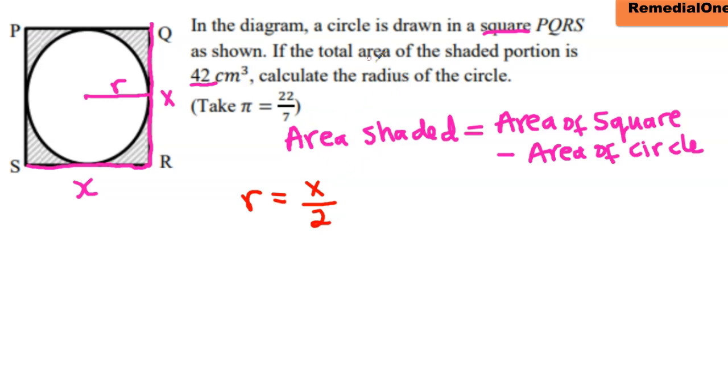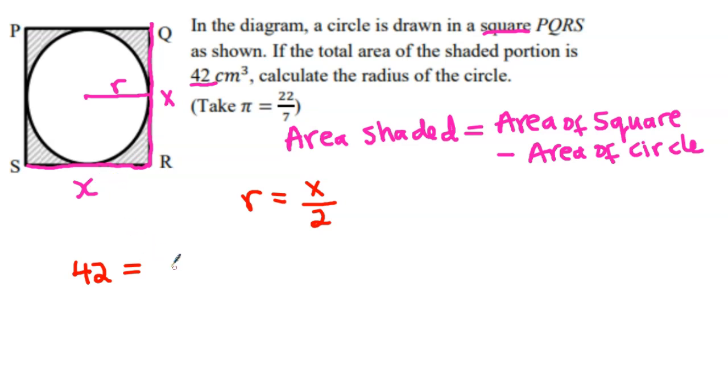So let's go ahead and put all the information in there. We were given that the area of the shaded region is 42. So here we can say that 42 is equal to the area of the square.